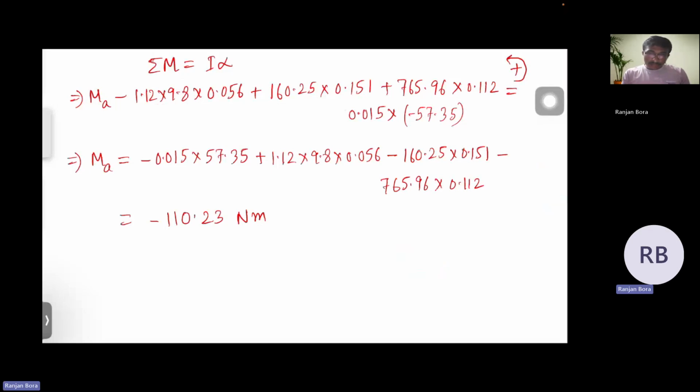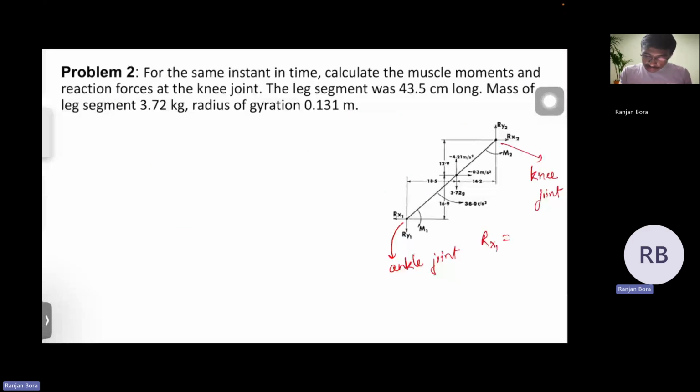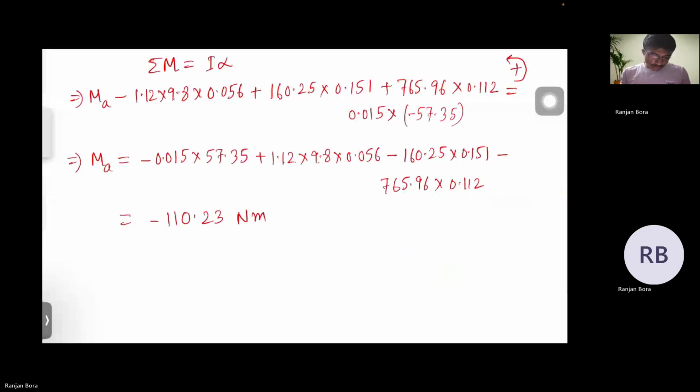Okay, so now we need to see what it is when we do the problem for the knee joint. So here Fx direction is in the negative x direction. So in this problem, this Rx1 direction will be in the positive direction, and value of Rx1 will be 155.15.